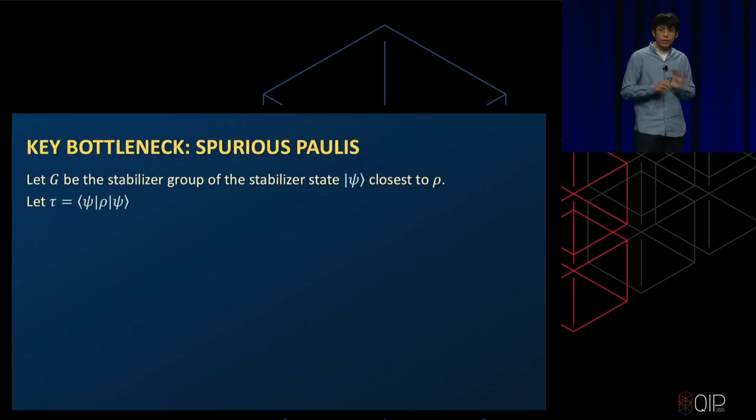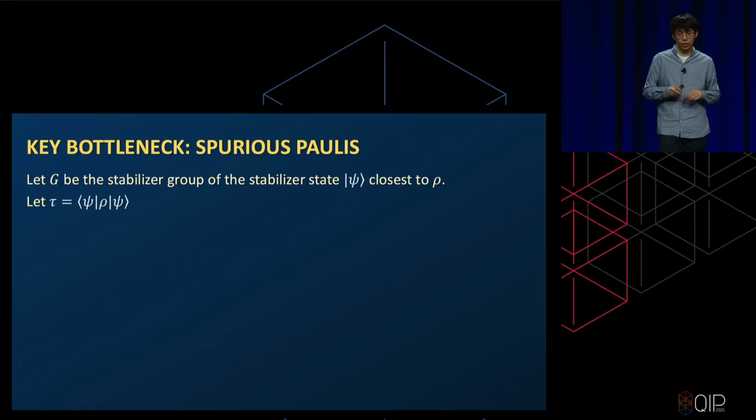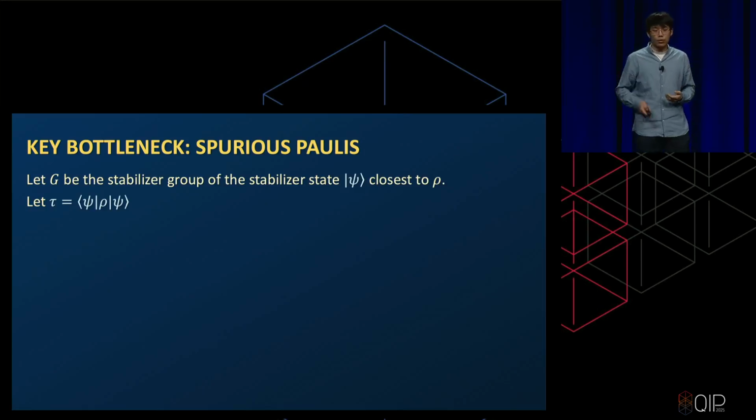Recall that the whole game is to learn the underlying stabilizer group of the stabilizer state of interest. Let's say I'm getting access to copies of some unknown state rho, which is non-stabilizer, and psi is the closest stabilizer state to rho, and let G be the stabilizer group of psi. Let's denote tau to be the stabilizer fidelity.